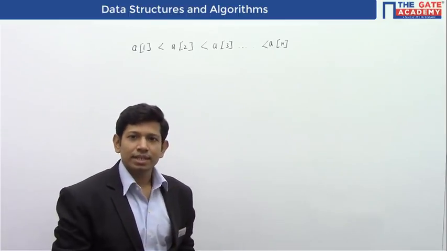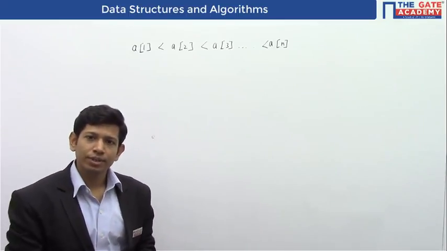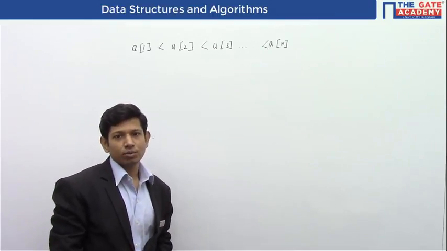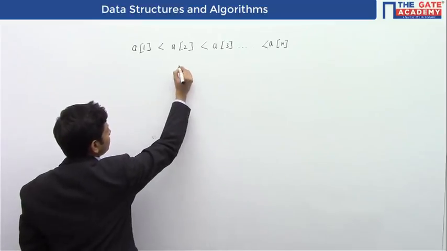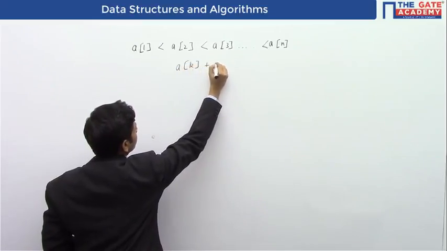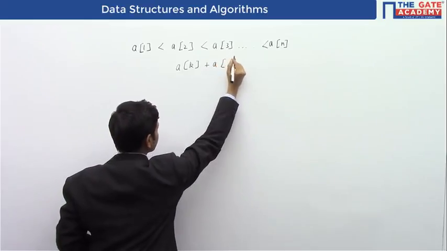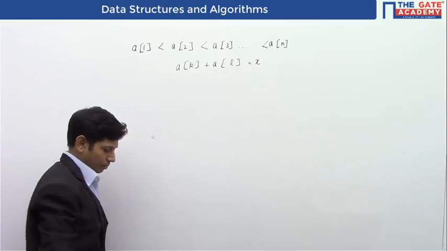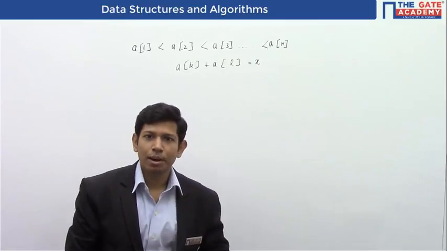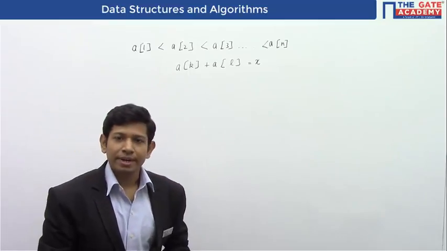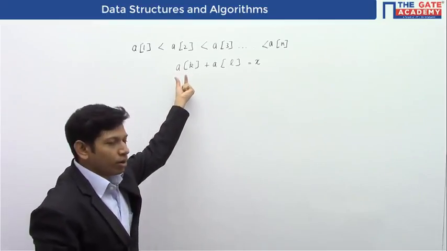In the question they are asking, we have to find if there are two indices k and l such that a k plus a l is equal to x. Now, for this to happen, what we can do is take one element as a of k.